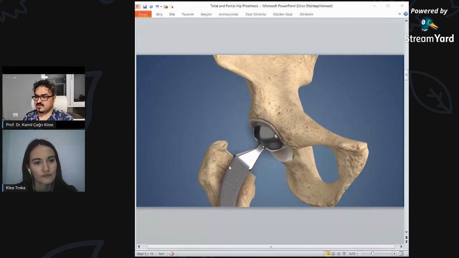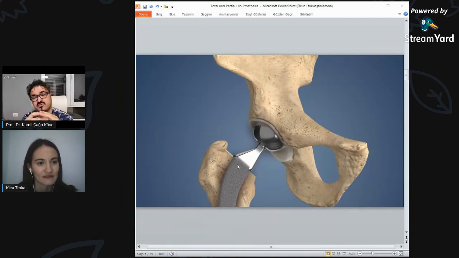I can show in this picture that, as you see, the surface of the stem is porous. So there are many surface options in femoral stems. Some coatings, some porous surface options, and those are created to enhance ingrowth of the bone.